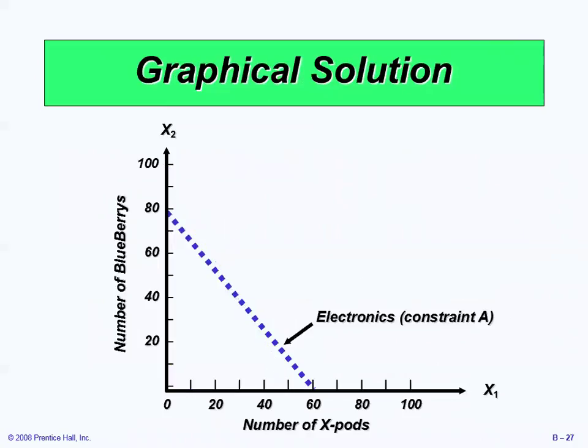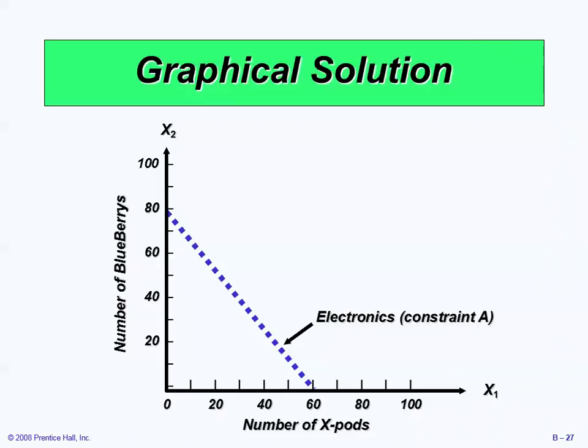On the x1 axis, we take 60. On the x2 axis, we take 80. And we join these by a straight line. What does this straight line mean? It's the set of all possible combinations of XPODs and blueberries that we can make with the given time available in the electronics department.